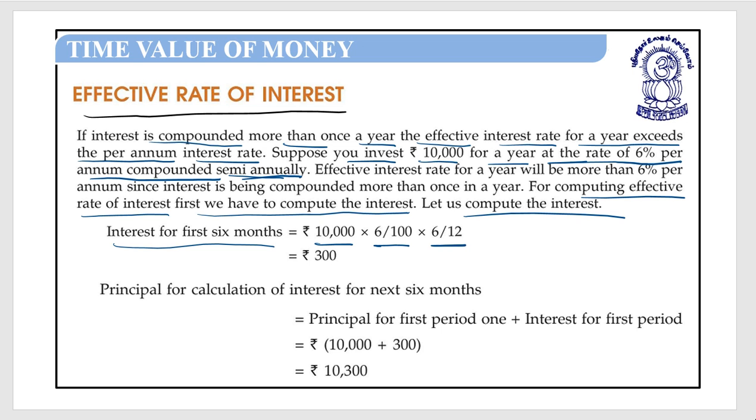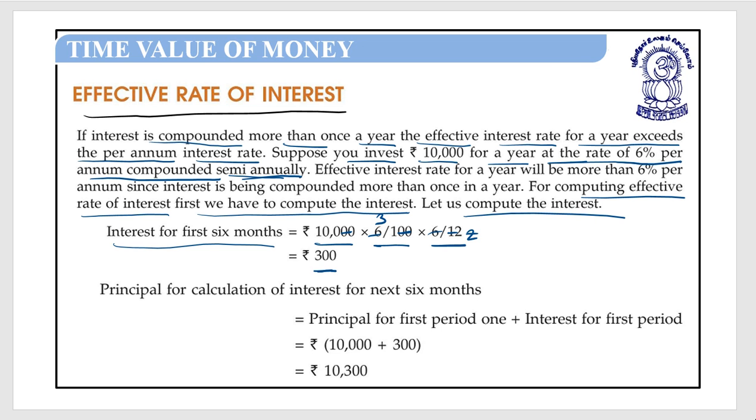Here 2 zeros cancel. 6 2s are 12, 2 3s are 6. So 100 multiplied with 3 is equal to 300. So this is the interest for first 6 months.